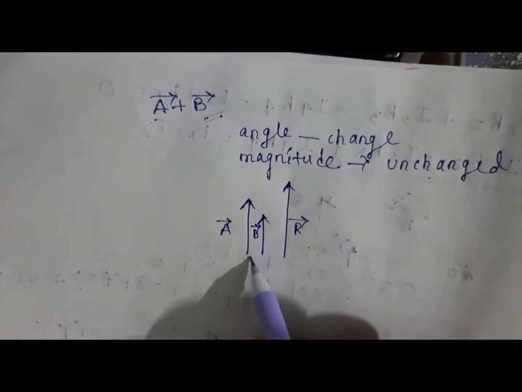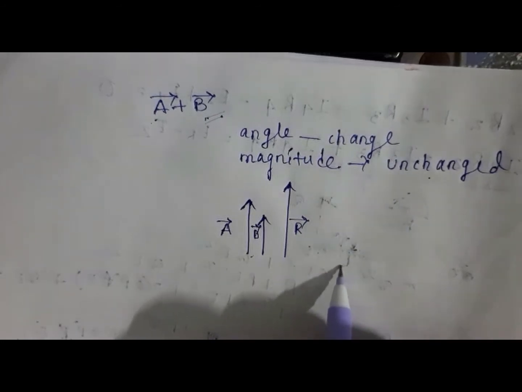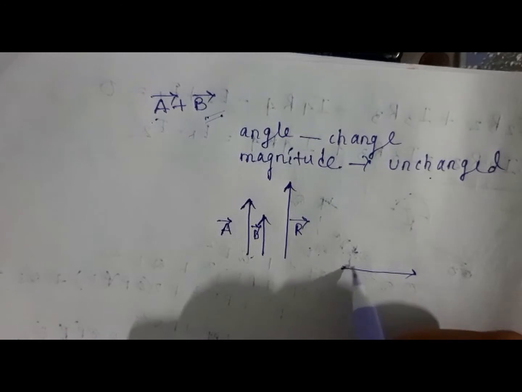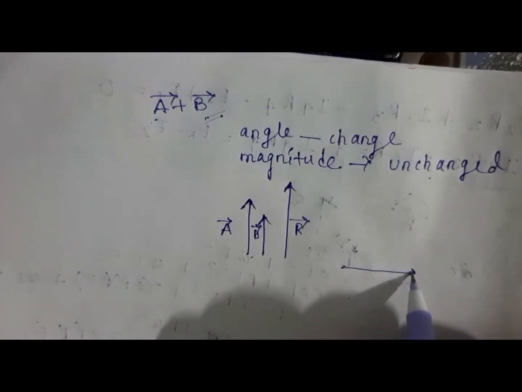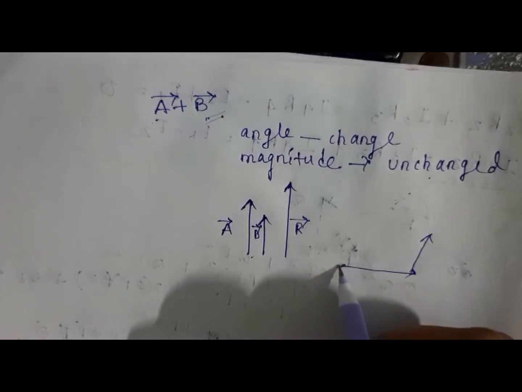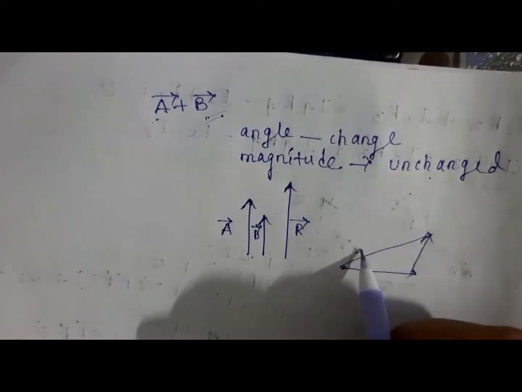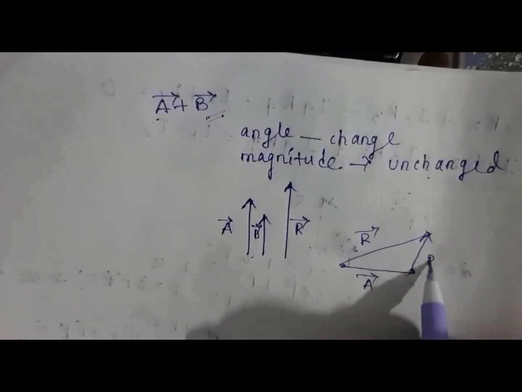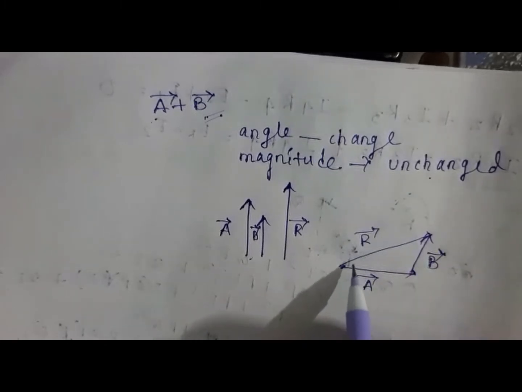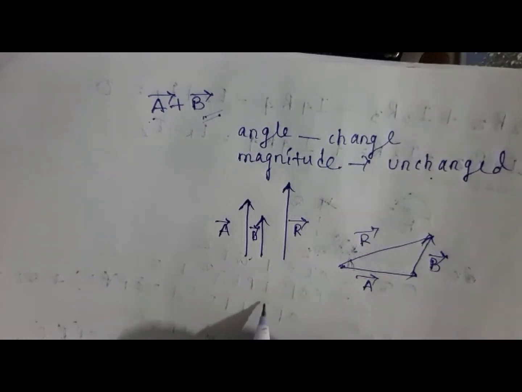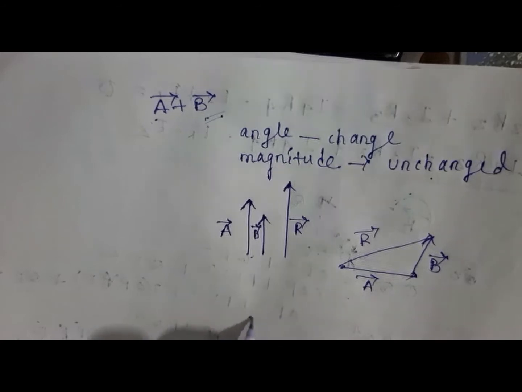Keep the same magnitude again, and B like this I'm keeping, and my R. Here you see I have changed the angle, but your magnitudes are the same. You can do it in another way.